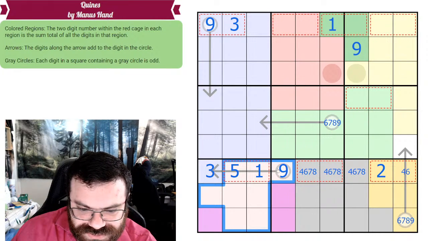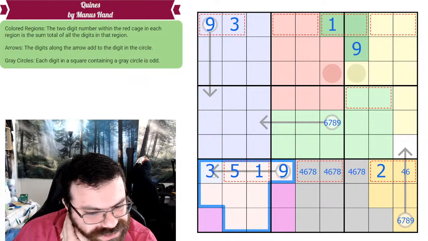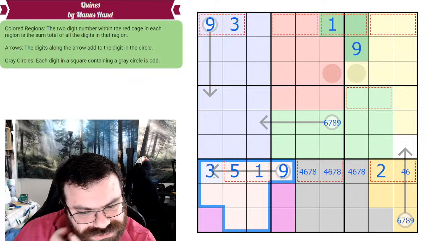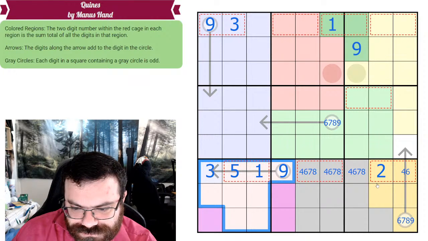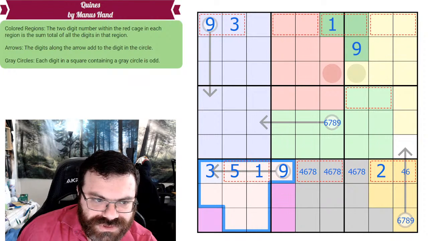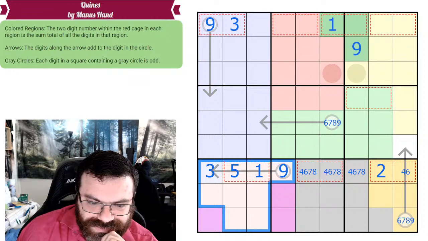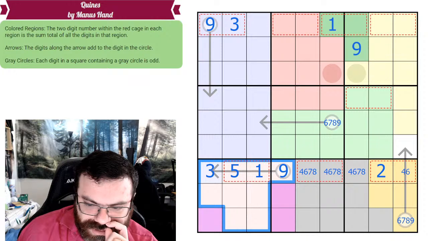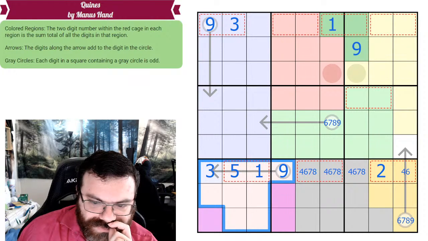Okay, so we know this is 51 plus another 3. Is that going to be helpful? So 51 plus 3 plus at minimum 4, 8, 8 for the purples, plus at minimum 24 for the yellow.